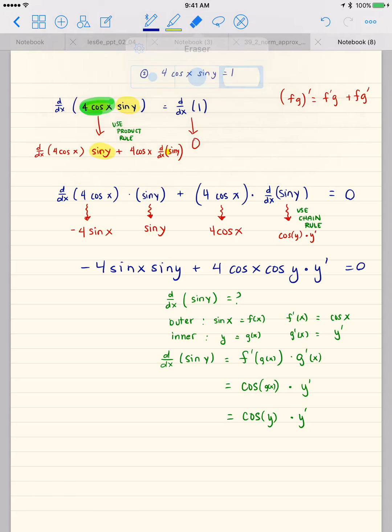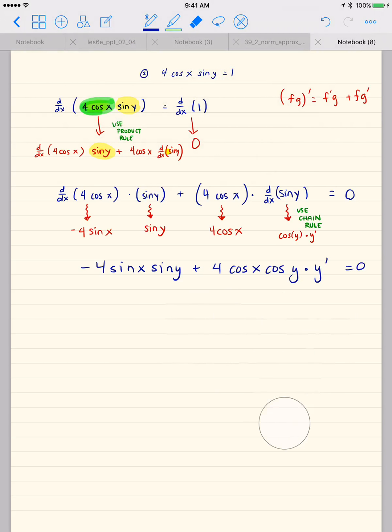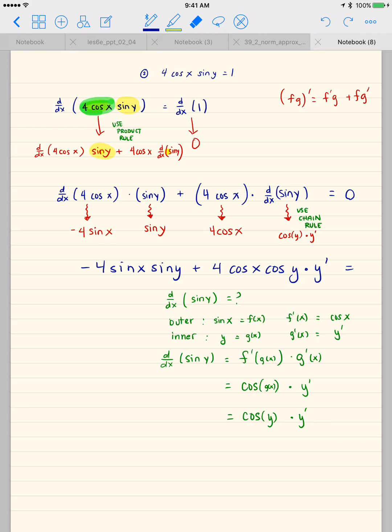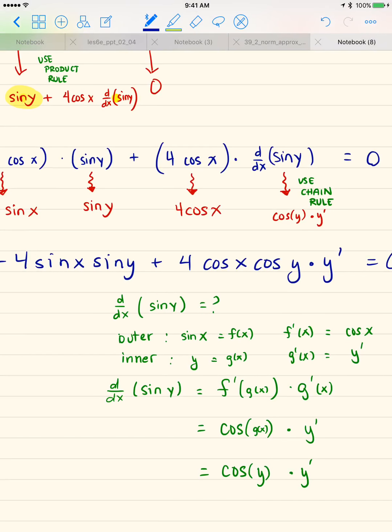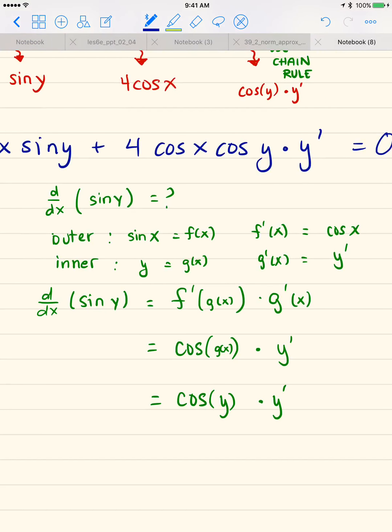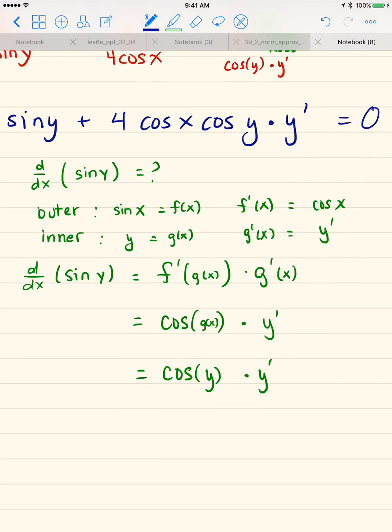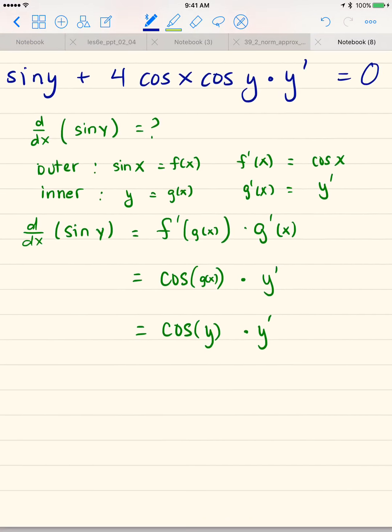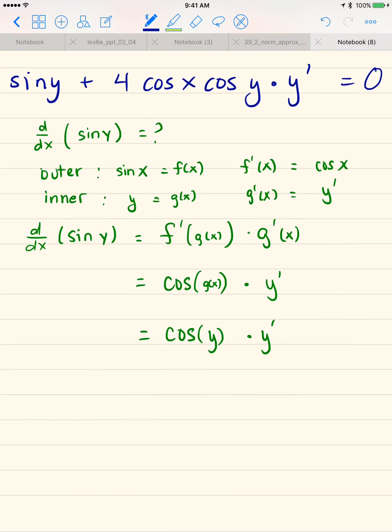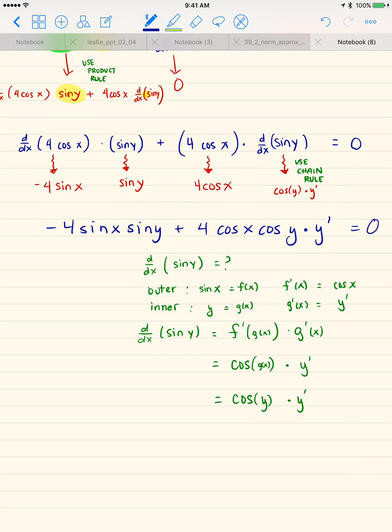Let me make this big so you can see now how we found that derivative. Okay, so now I'm going to erase it because that was just a little sidebar.